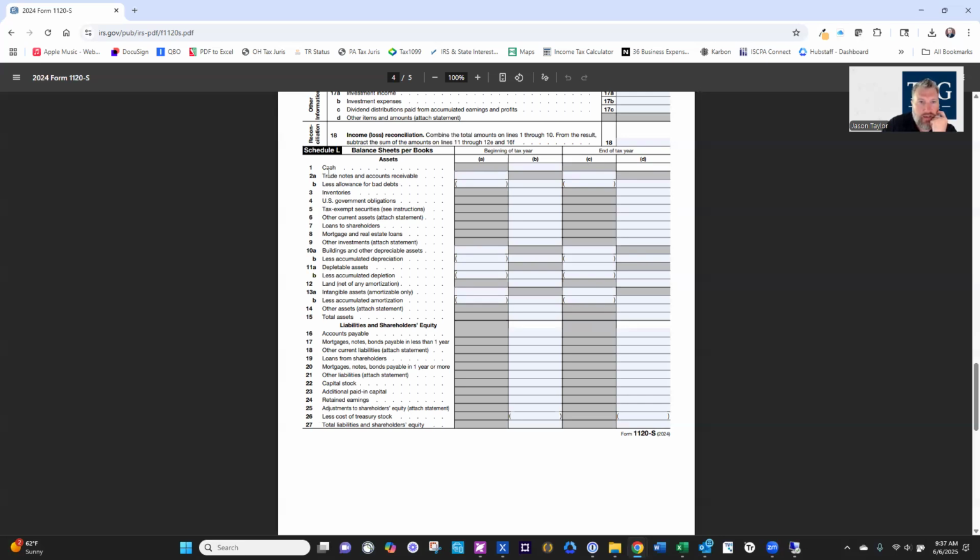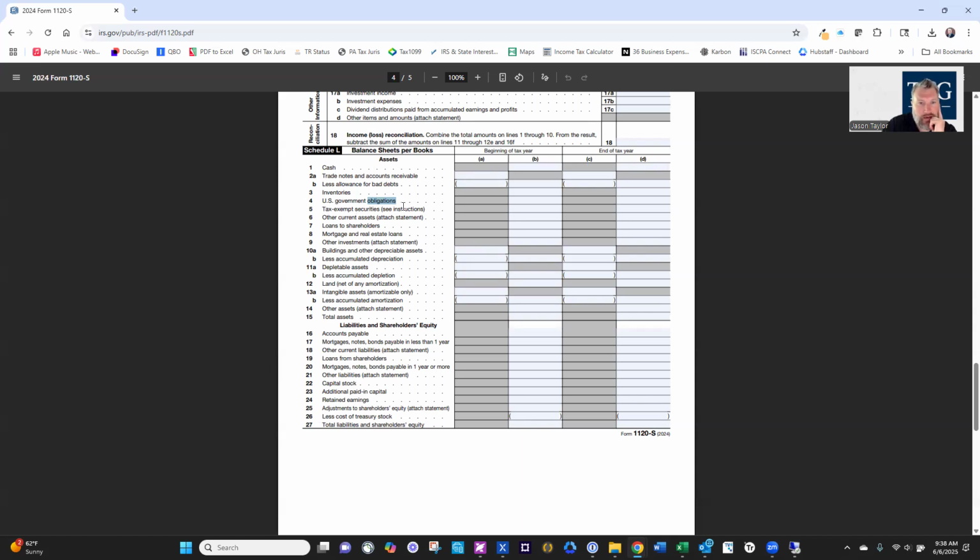We've got accounts receivable. Most people don't have that. If you're a cash basis taxpayer, we back that out. Inventories, U.S. government obligations. Usually nobody has that unless you specifically are working with, or you have some taxes due to, the U.S.